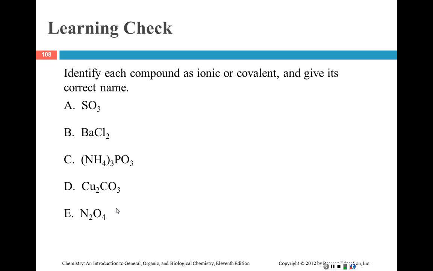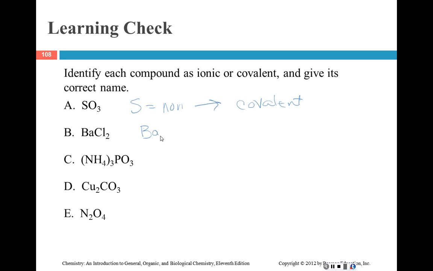So stop this. You can use your periodic table and make your decisions. Remember, you only really have to look at the first element in the formula to decide if it's ionic or covalent. If it's ionic, it will have a metal as the first element. If it's covalent, it will have a nonmetal as the first element. All right, so sulfur trioxide, because sulfur is what? A nonmetal, and so therefore this must be covalent.